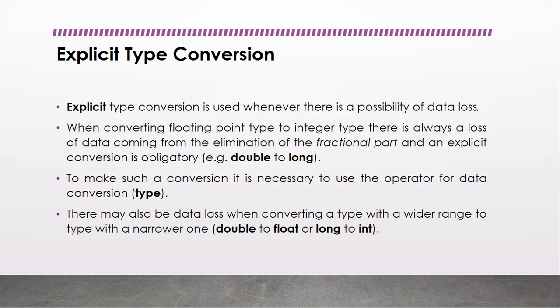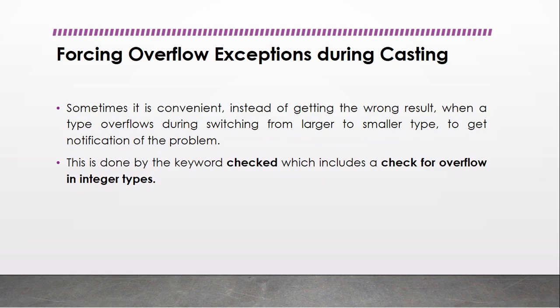Explicit type conversion is used whenever there is a possibility of data loss, like from double to long, from long to int, from int to short, from short to byte. But you can force overflow exceptions during typecasting by using a C# keyword called checked.